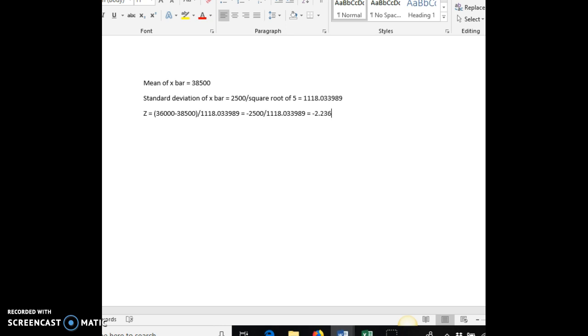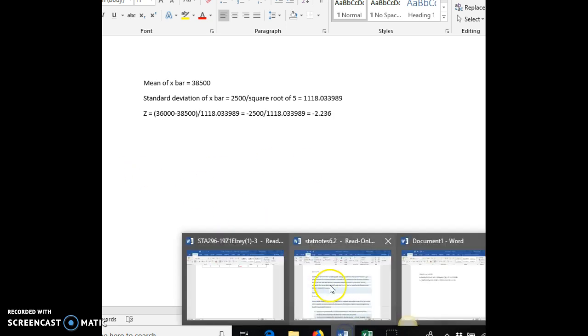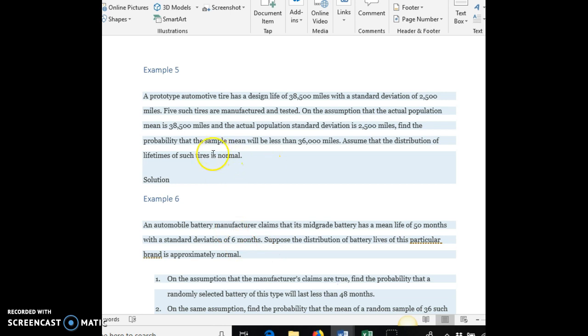All right, now we're going to stick that into Excel and get our actual probability, but let's notice what we want. We want the probability that the sample mean will be less than 36,000 miles. And since it's less than, we can report exactly the probability we get out of Excel.